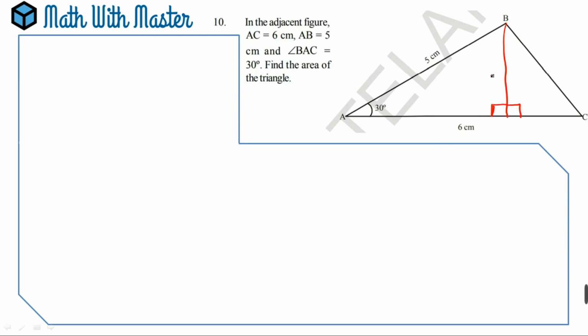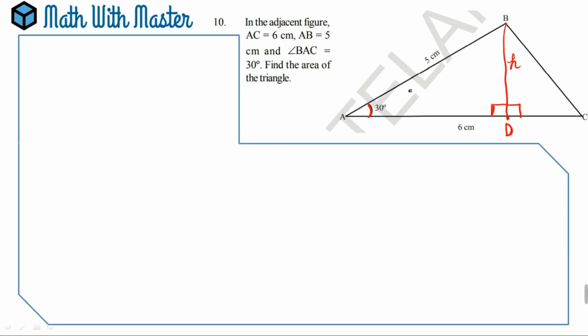So now, what is the formula of area of a triangle? It is half b into h. So we know the base, which is 6 centimeters, and this is the height. So we will let this side be h and we will let this point be D. So this will be the point D.